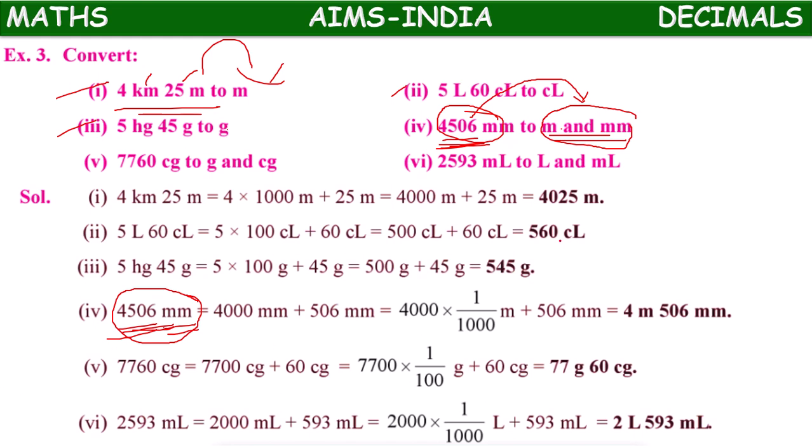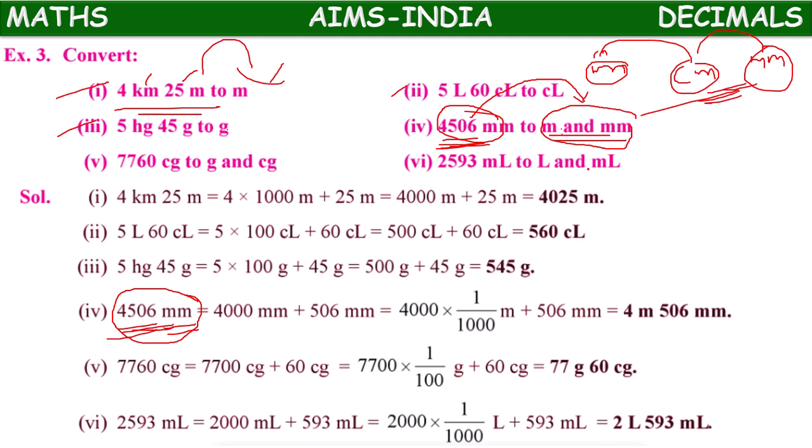So if you want to convert millimeter to meter, millimeter will be here. Millimeter before centimeter, centimeter before meter, meter will be there. So two places.